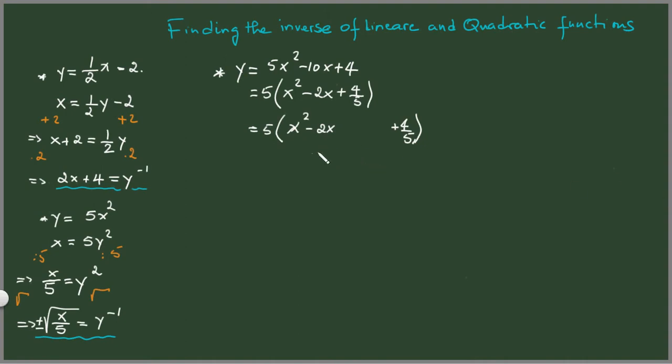Now how do we complete the square? This term here, minus 2, we divide by 2. Half of it is minus 1, and then we square this minus 1 and put it back into the function. So it gives us plus 1.